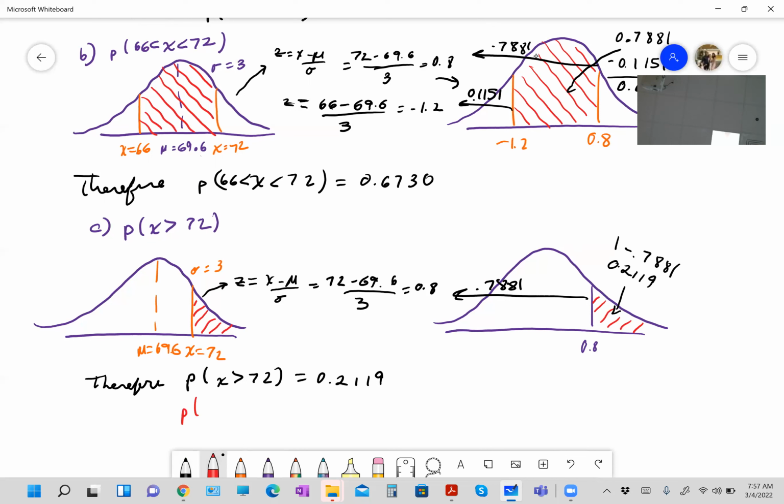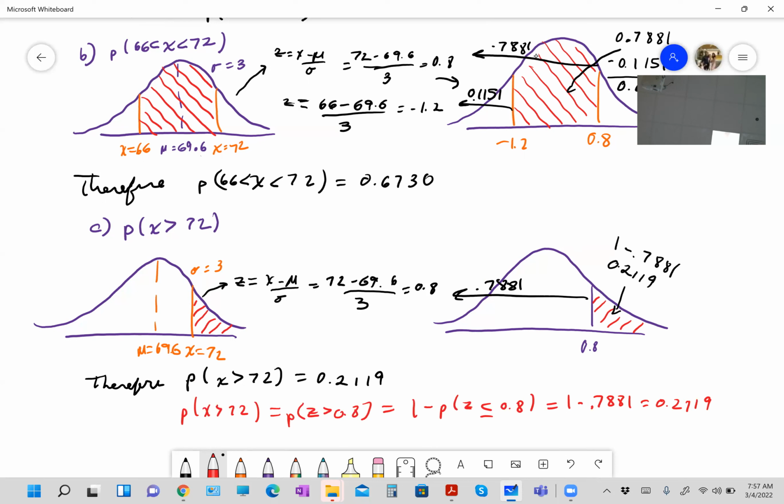Some books will write, the probability of X greater than 72 is equal to the probability of Z being greater than 0.8, which is equal to 1 minus the probability of Z being less than 0.8. And this is 1 minus 0.7881, which is 0.2119. But I'm not going to require you to do that. That's dumb. Okay? But you see it, right? Here you're justifying everything.